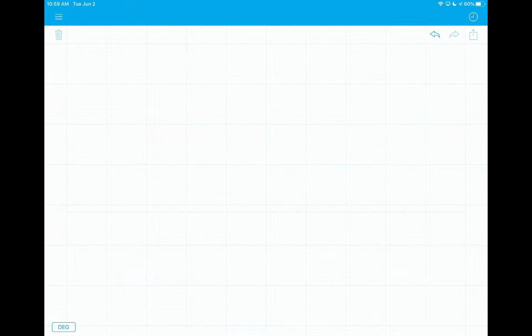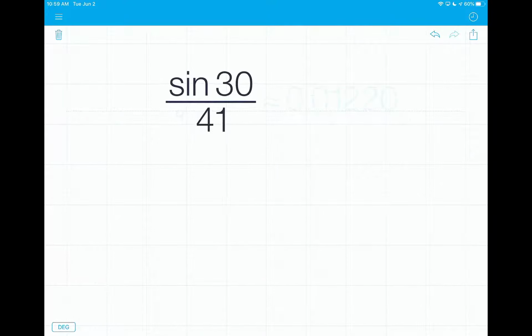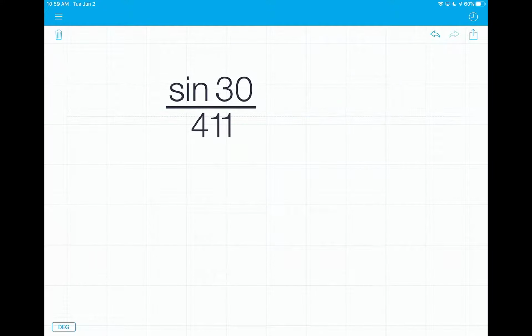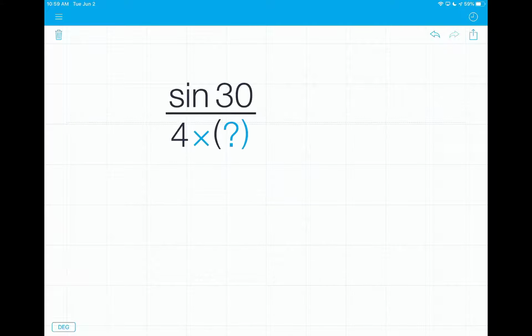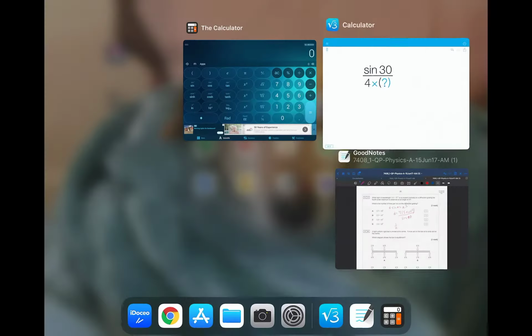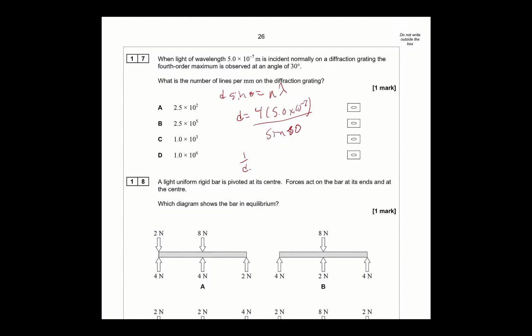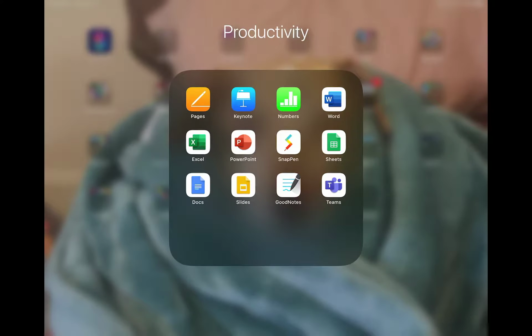So sine 30 divided by 4 times 5 times 10 to the minus 7.